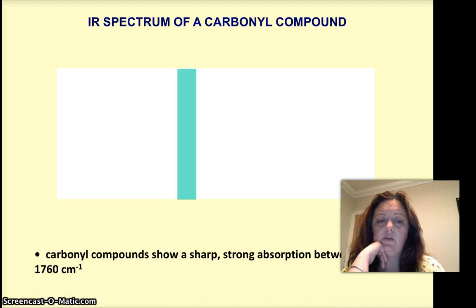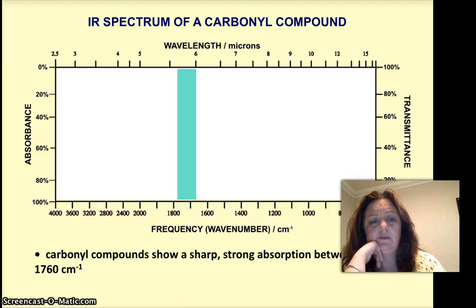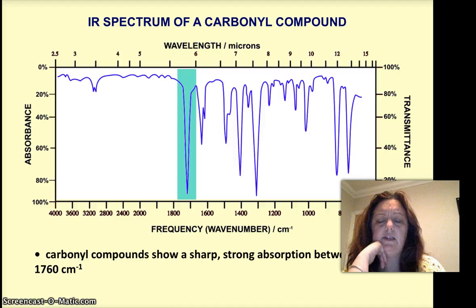So what molecules are you expected to be able to analyse? The first one is an infrared of a carbonyl. With carbonyls, the specific frequency we're looking at is around 1700 here, which shows a very distinct sharp peak in that region. Carbonyls are either aldehyde or ketone, the C double bond O peak.